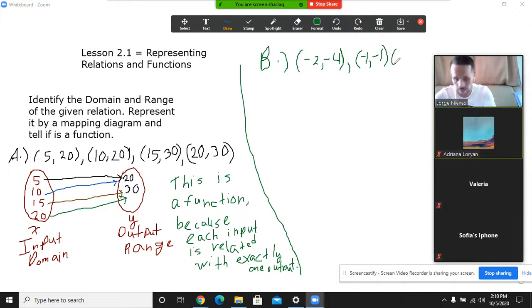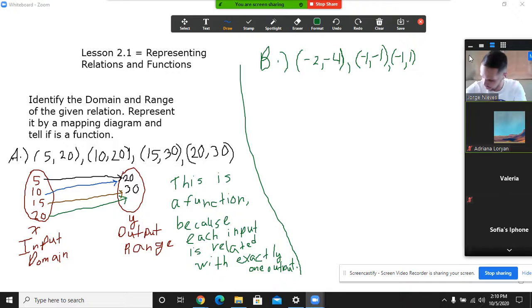I also have, estoy cambiando el ejemplo un poquito. Okay. And the last coordinate I have is 4 and 3.